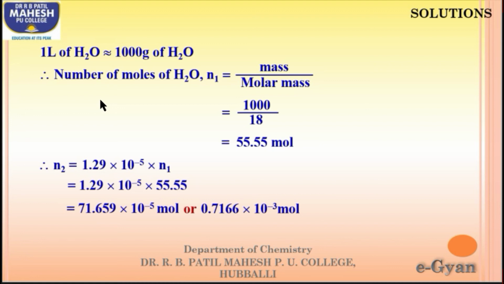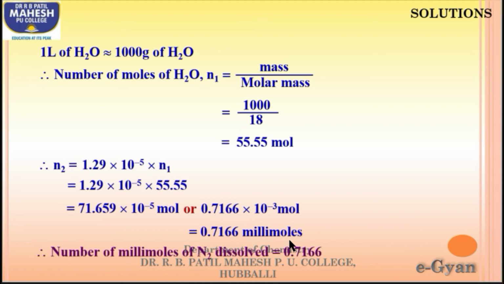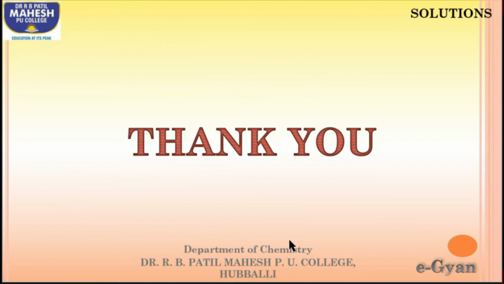Since they have asked in terms of millimoles, I have converted to 10 to the power of minus 3. That is, the number of millimoles of N2 dissolved in the given water is equal to 0.7166 millimoles. Thank you.